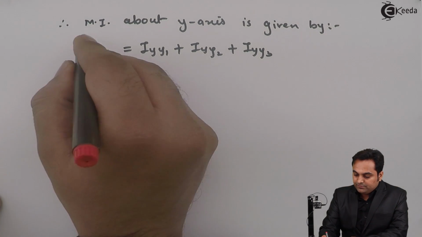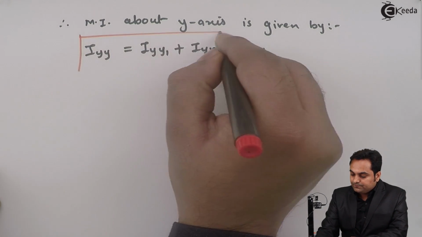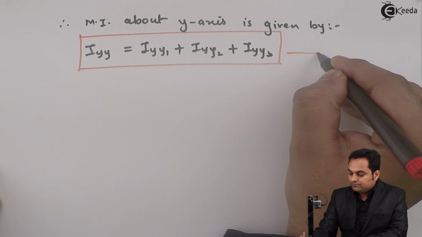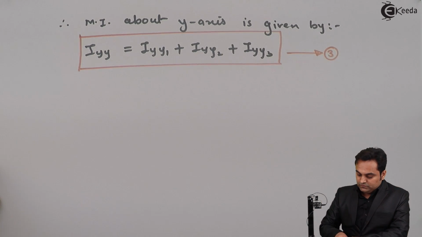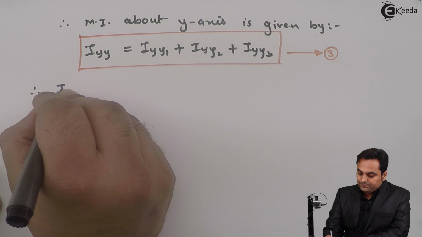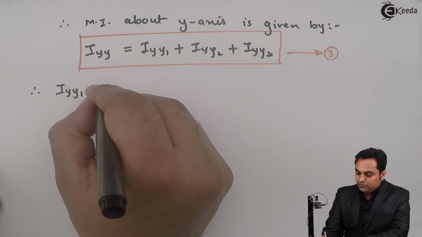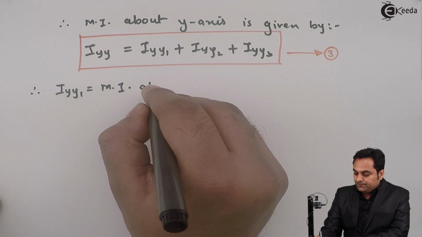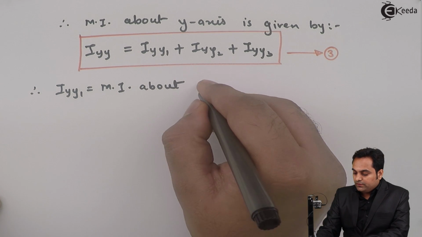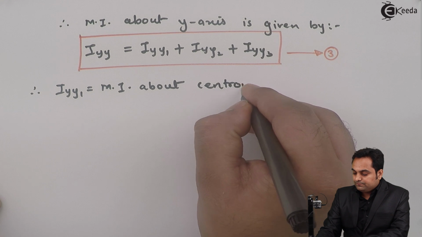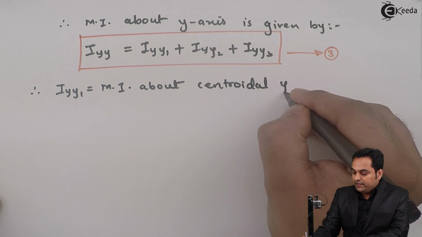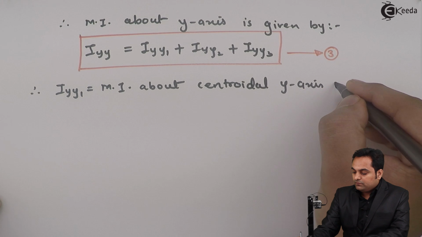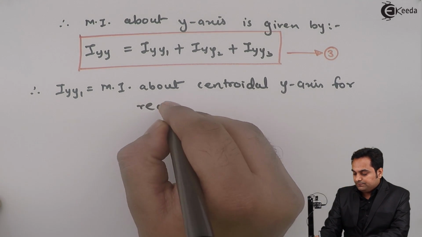This will be equation number 3 for us. So here Iyy is equal to MI about the centroidal y-axis for rectangle 1.